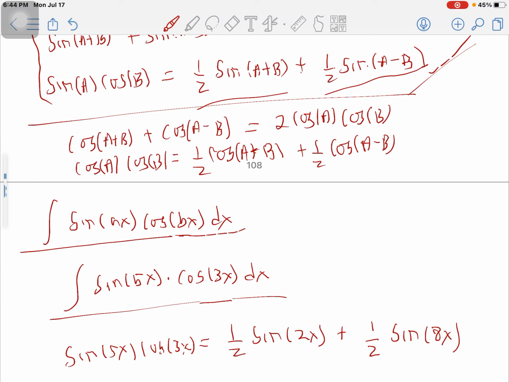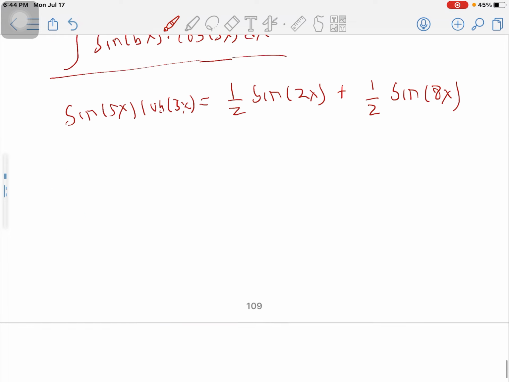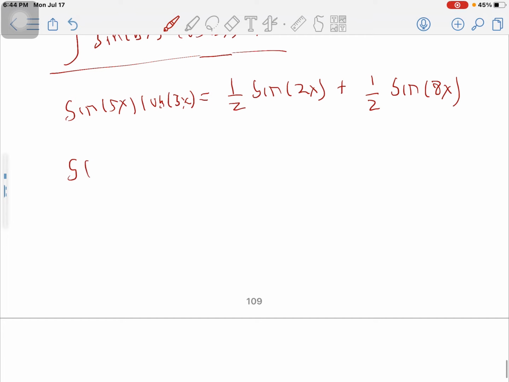Basically, you have to consider that this one is your A and this one is your B. Considering that, you will be able to come out with whatever you want to do. The identities are sine of A plus B and sine of A minus B. So A plus B, 5x plus 3x, will give us 8x.